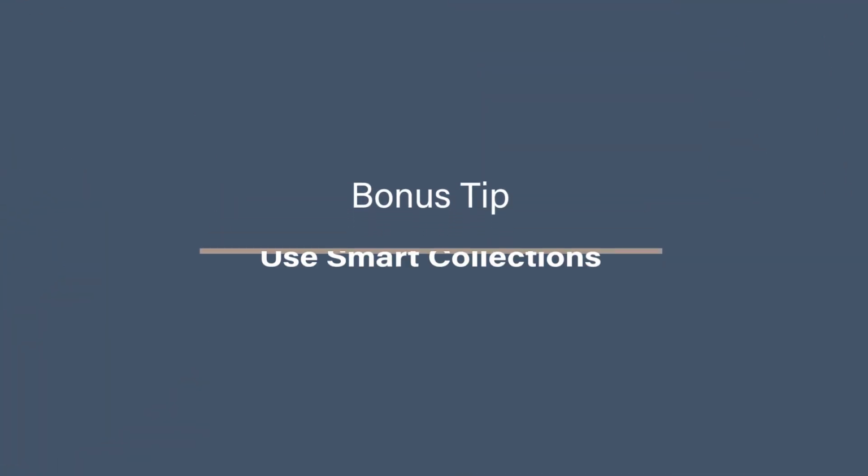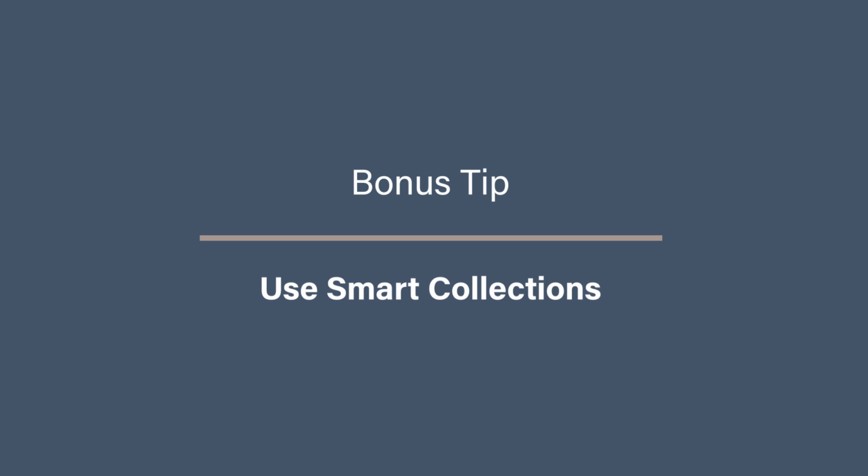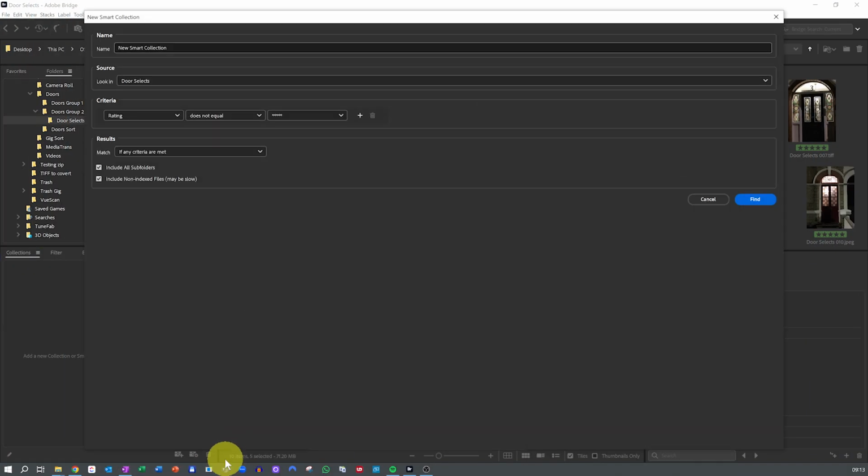Bonus tip: use smart collections. And here's my game-changing tip. Create smart collections in Adobe Bridge to automatically group your photos by color labels, ratings, and keywords. Go to the Collections panel and select New Smart Collection. Select core keywords you want to easily find for all your photos.